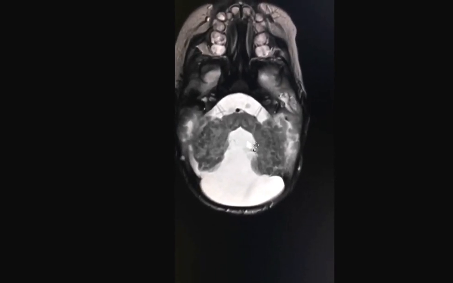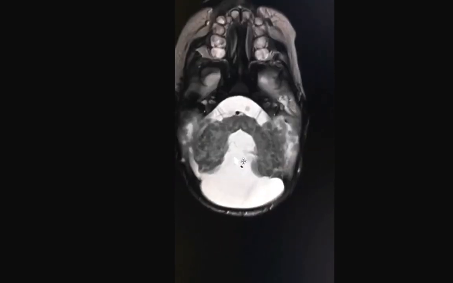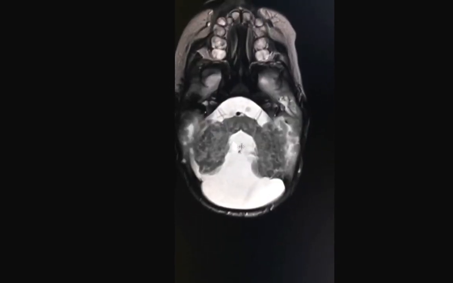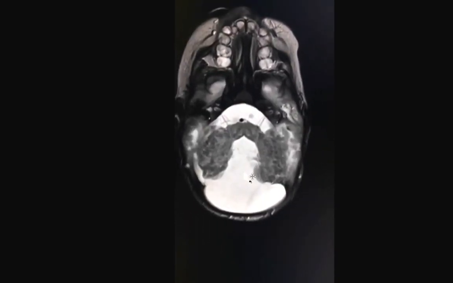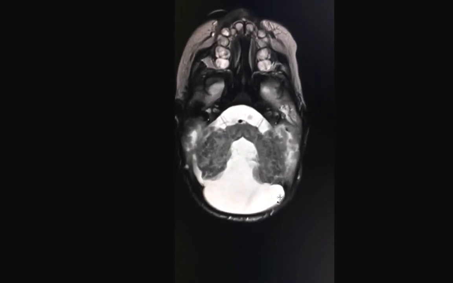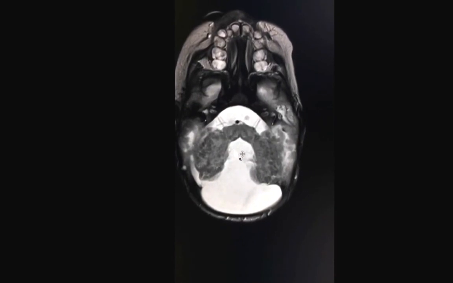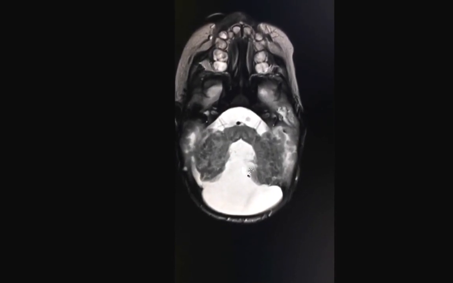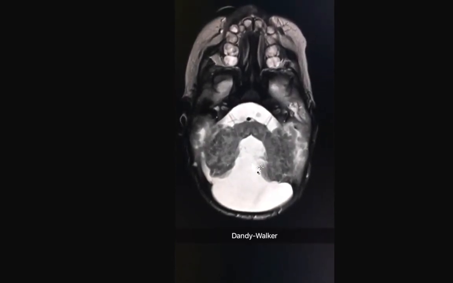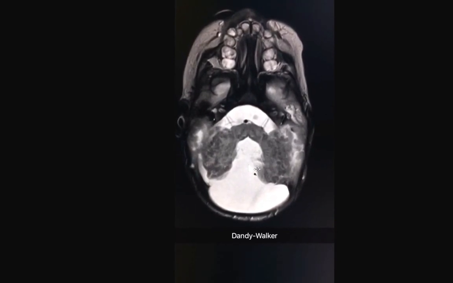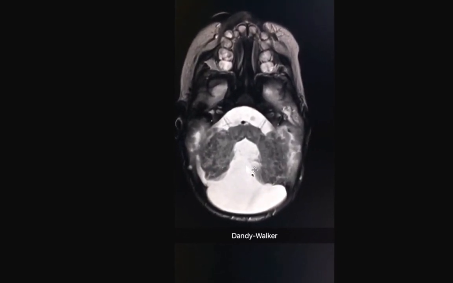This central aspect is called the cerebellar vermis, which is a structure that you should see in normal cases. The constellation of a cystic structure dilating the posterior fossa and elevating the structures, communicating with the fourth ventricle and cerebellar hypoplasia is consistent with what we call a Dandy-Walker malformation.